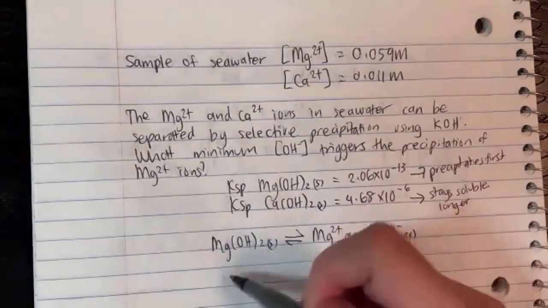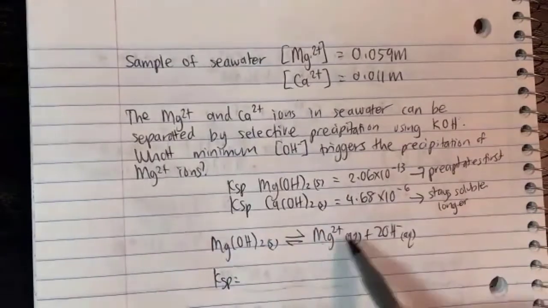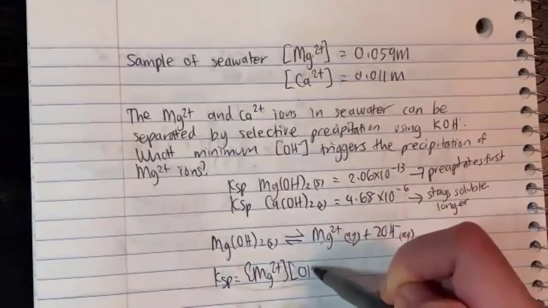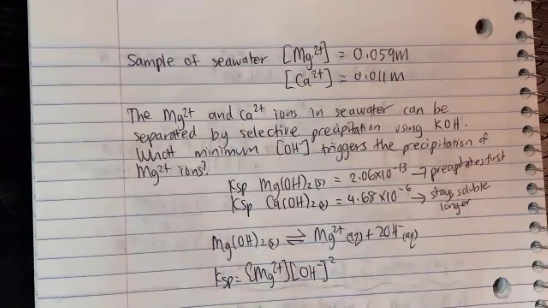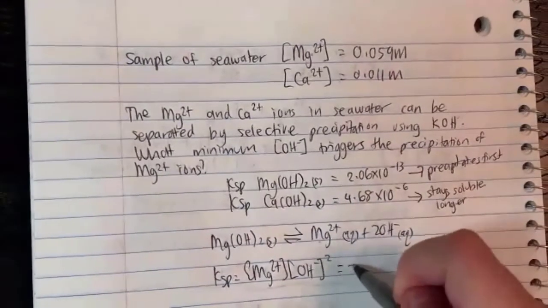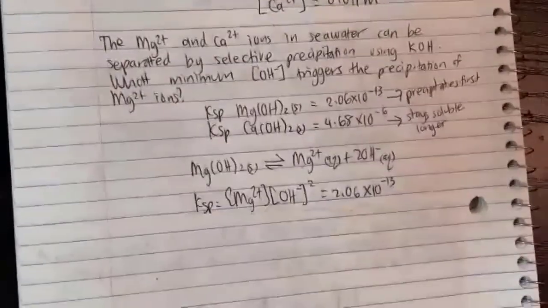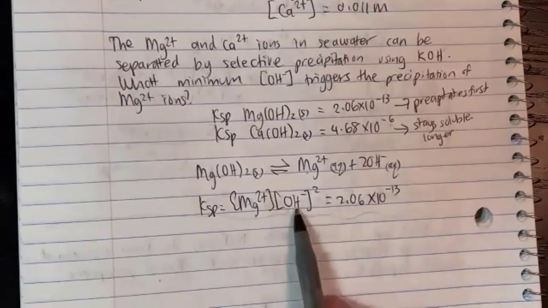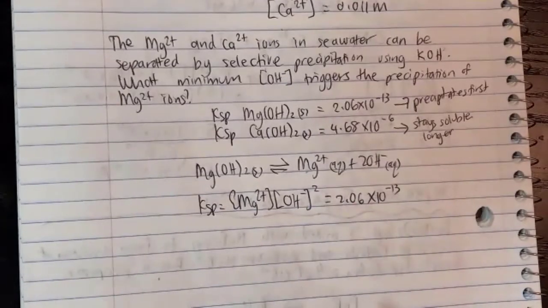So if you know the KSP formula was Mg2+ times OH negative squared, we want this number to be bigger than 2.06 times 10 to the minus 13. I'm just going to write equal here and just know that you want the number to be bigger than that, okay? As long as the OH, when you solve for it, is bigger than the answer, it will cause a precipitation.